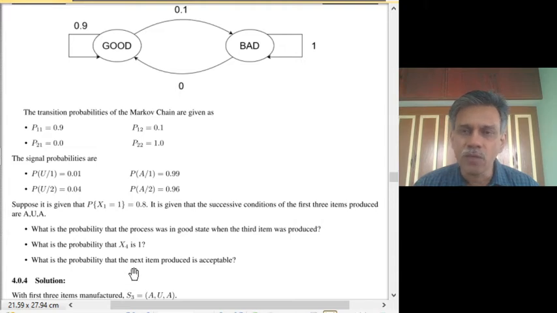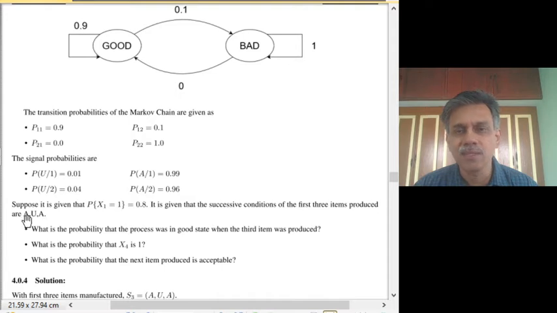You would like to know whether you have to stop the manufacturing process or continue. If more unacceptable or defective items are going to come out of the assembly line, you are going to lose money. So should we continue manufacturing or stop? How do we figure it out?